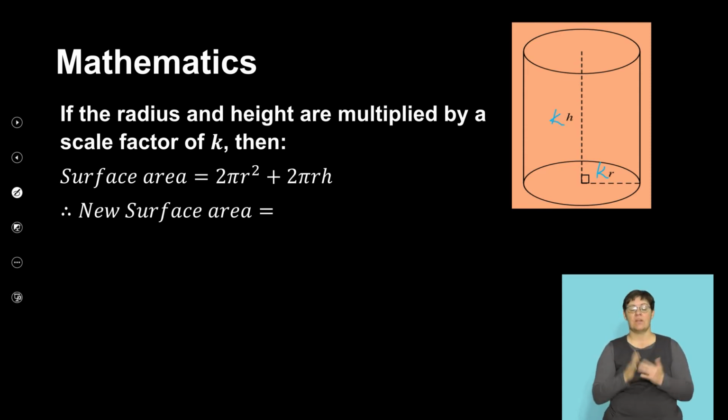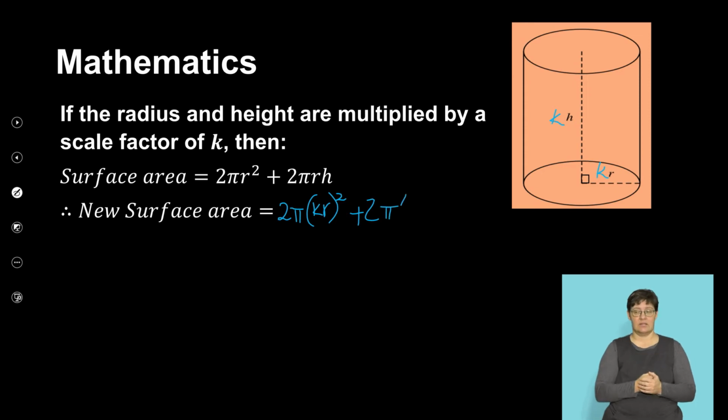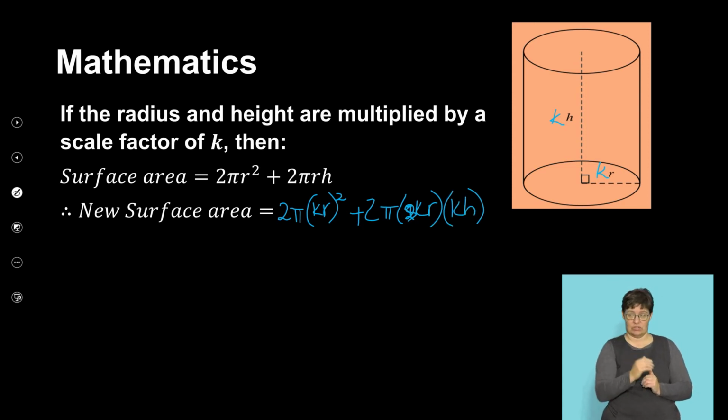So I'm now going to substitute kr in place for my radius and kh in place for my height. So I'm going to have 2 pi times my radius squared, and my new radius is kr, so it's going to be kr squared, plus 2 pi times my new radius, which is kr, and my new height is kh.